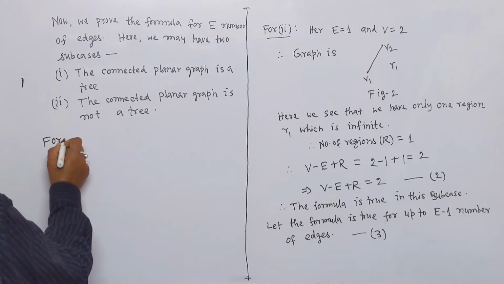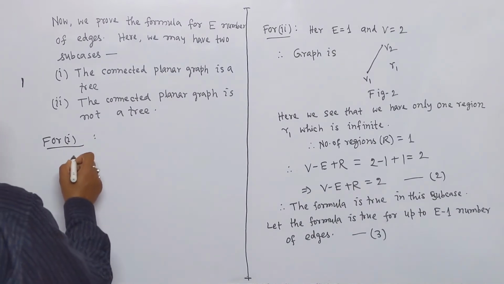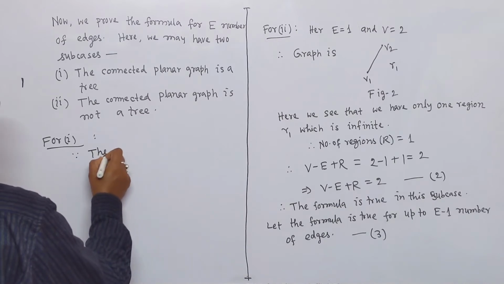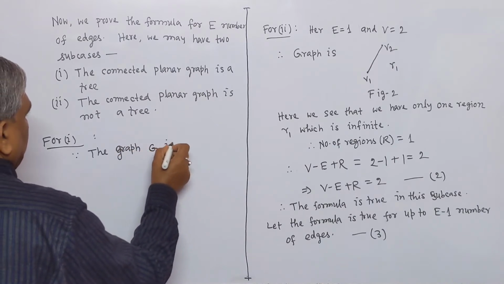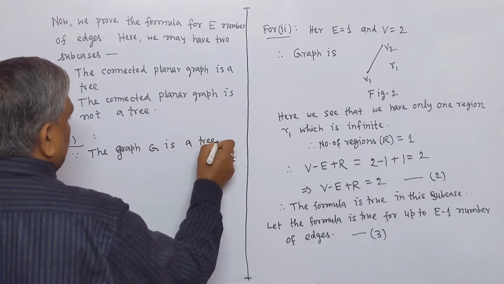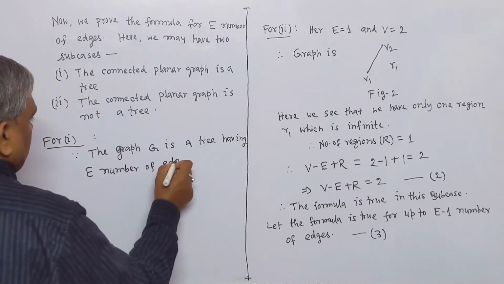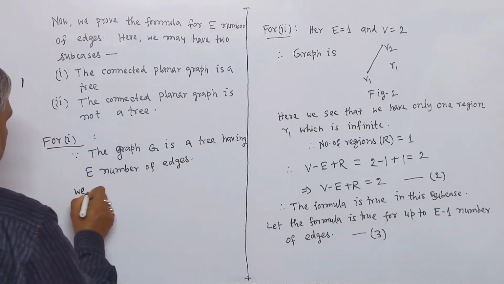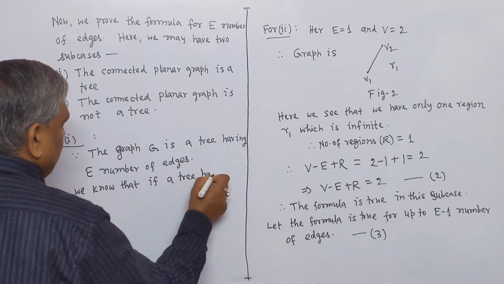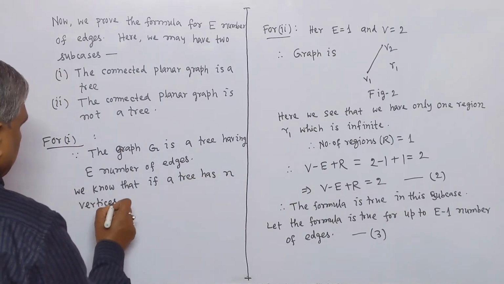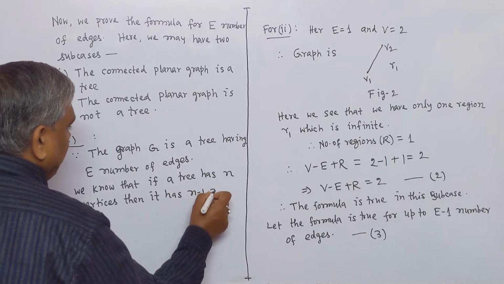For 1, since the graph G is a tree having E number of edges, we know that if a tree has n vertices, then it has n minus 1 number of edges.